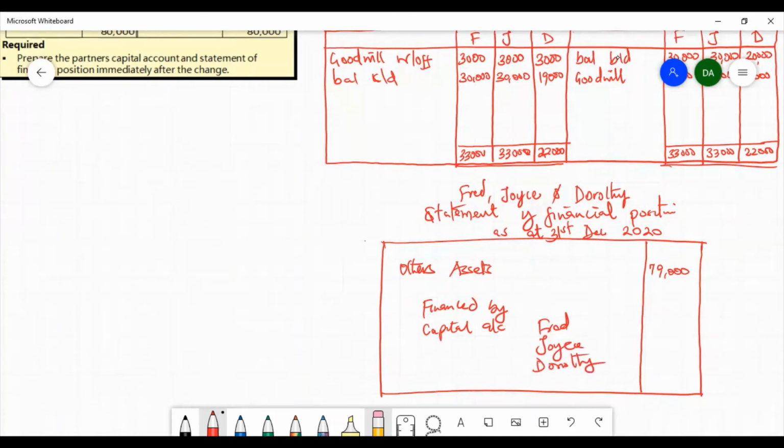Capital accounts of the partners, the balances carried down here are balances of 30 million, 30 million, and 19 million. Total of financing is 79 million, which is equal to the total value of assets of the partnership at that point.